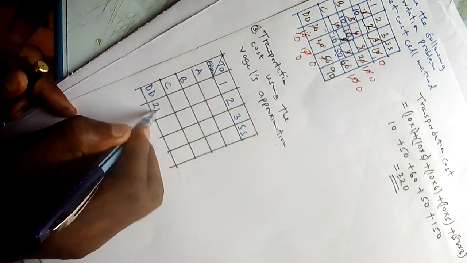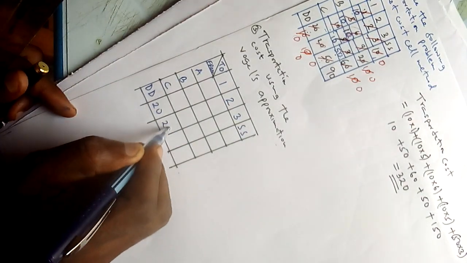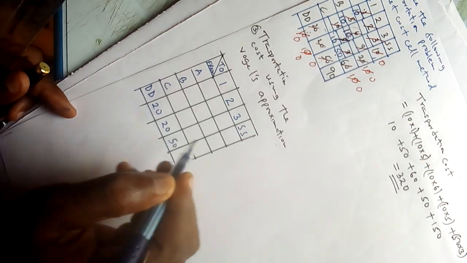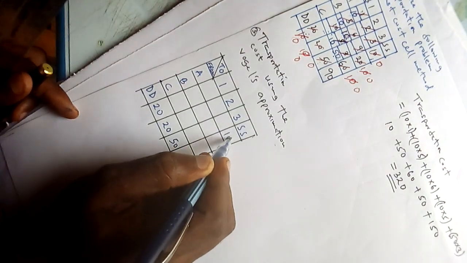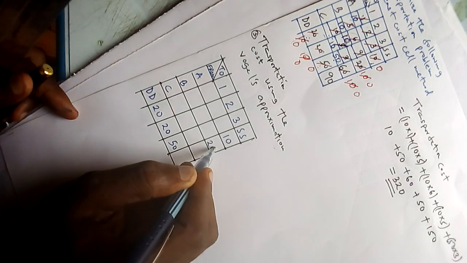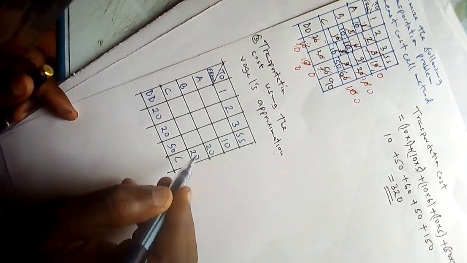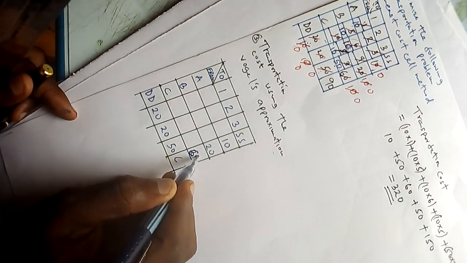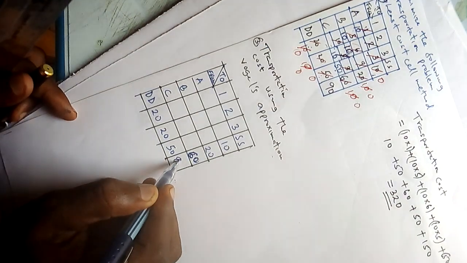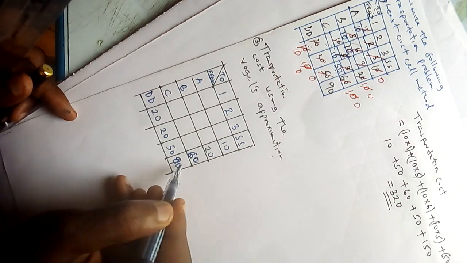So demand 20, here 50. Then supply 10, 20, 60, sorry. That is 60, then the total is 90. So if you add the sum, it will be giving you 90.